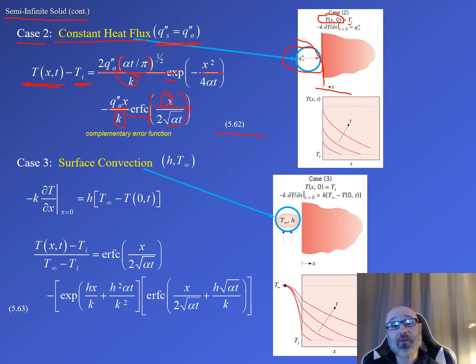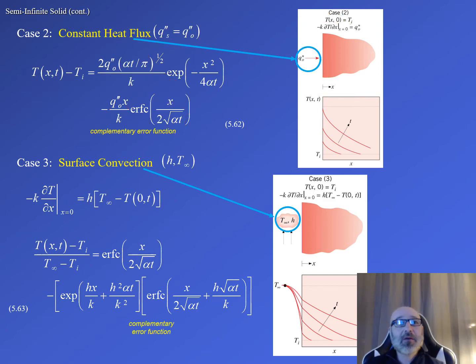So it's a rather long, involved equation, but a lot of these values we either got from a lookup table or are given in our problem statement, and we can plug them in and simplify. But again, for special case 2, constant heat flux, this relates back to equation 5.62.